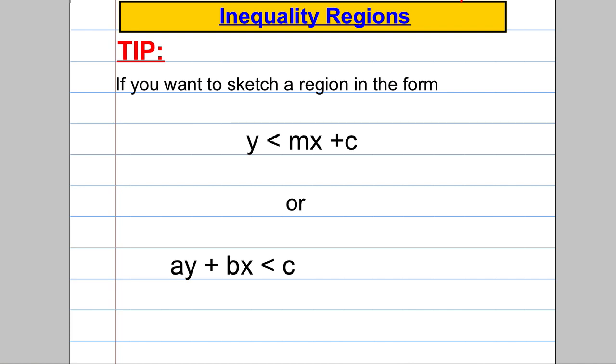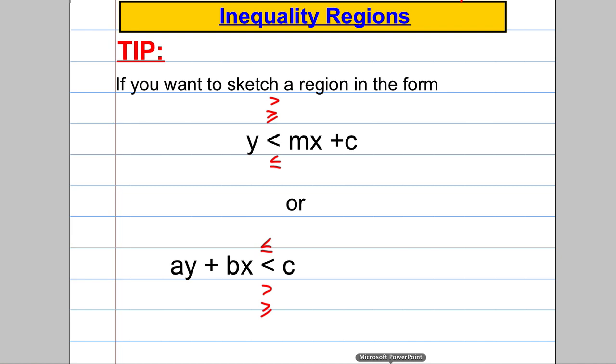If you want to sketch a region in the following forms, and by this form I don't mean it has to be less than or equal to any of the combinations here at all, it doesn't matter, and similarly any of the combinations here, it doesn't matter. If they're of the form y inequality mx plus c, or if they're in the form ay plus bx is less than or equal to c, that's the best form to put them in.